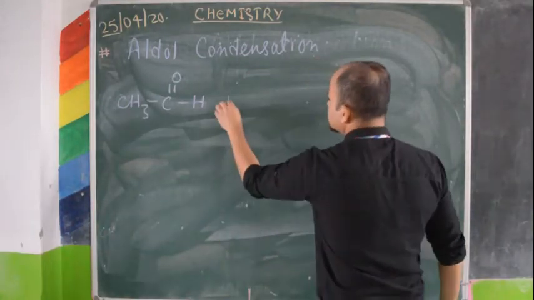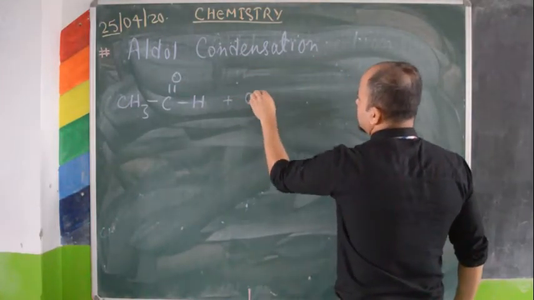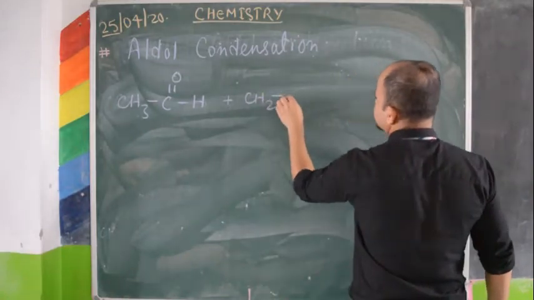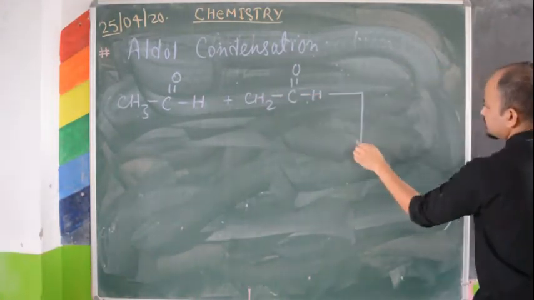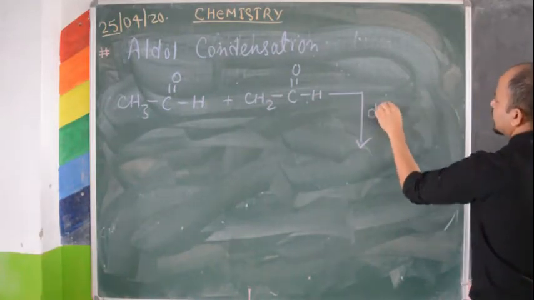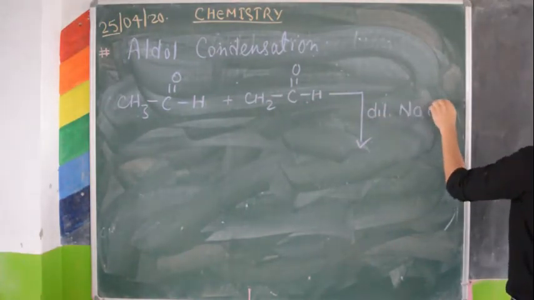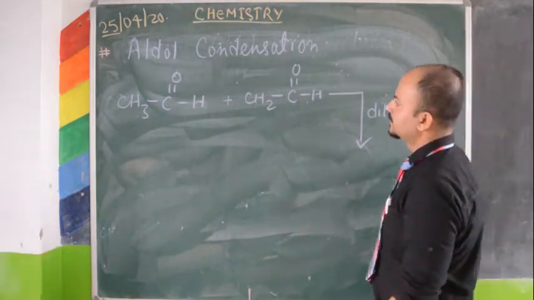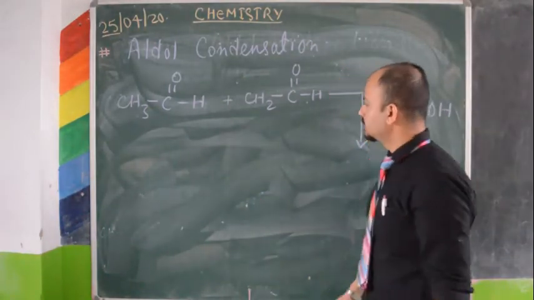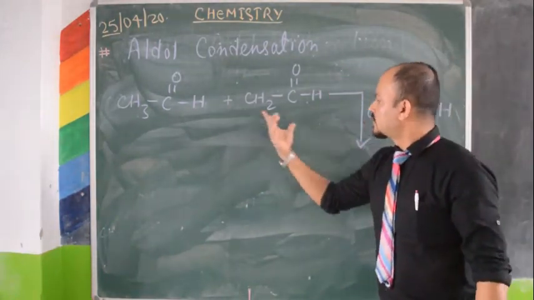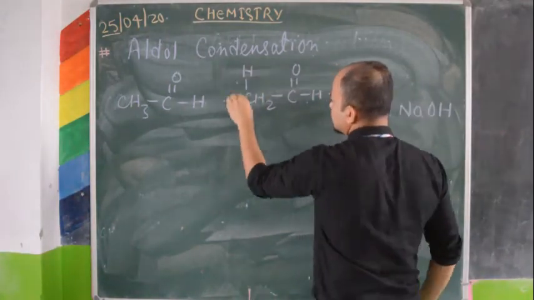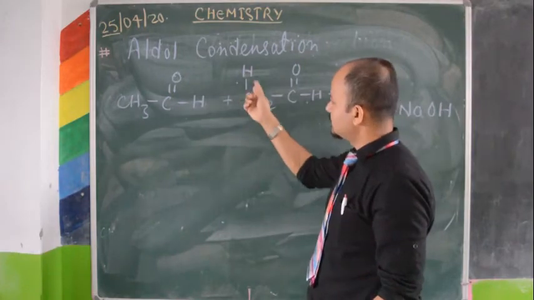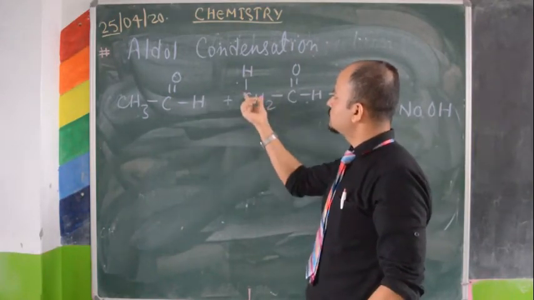So whenever two molecules of such compounds react in presence of dilute alkali, that is NaOH, okay? You can write the product in just one step. For that, please look at it very carefully. This is also CH3 itself, so I have written it as CH2H.